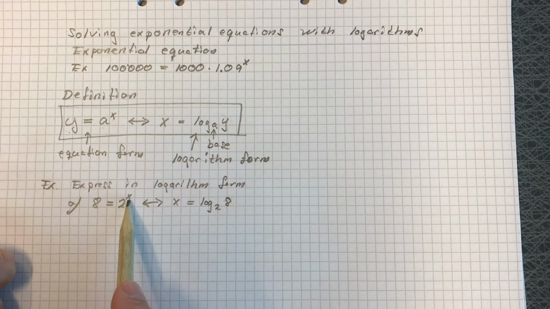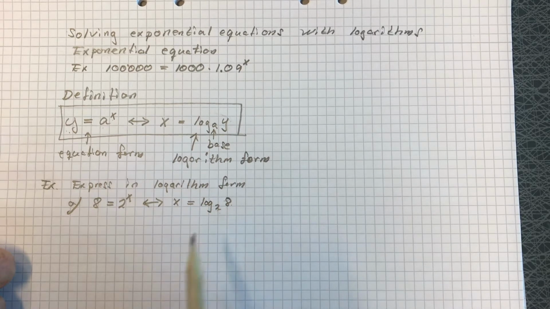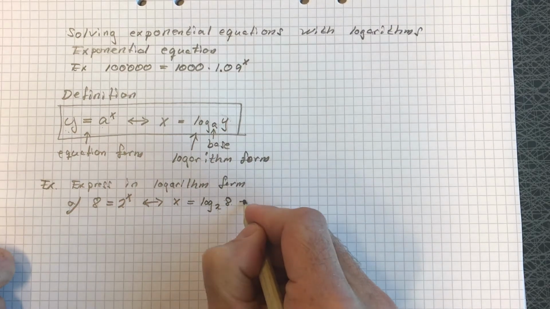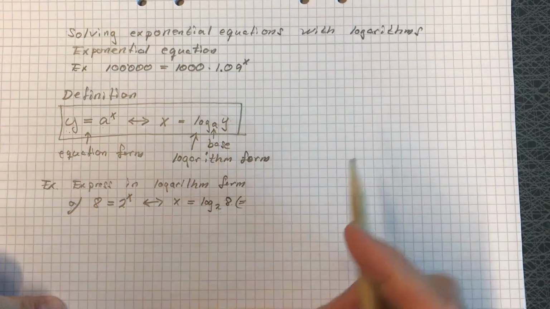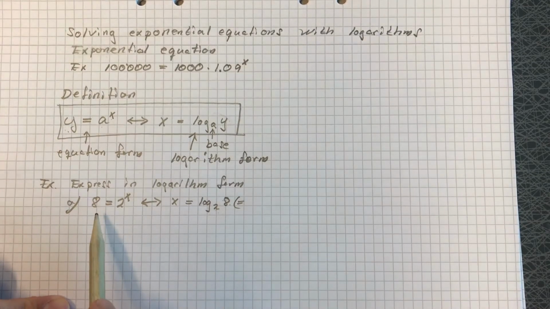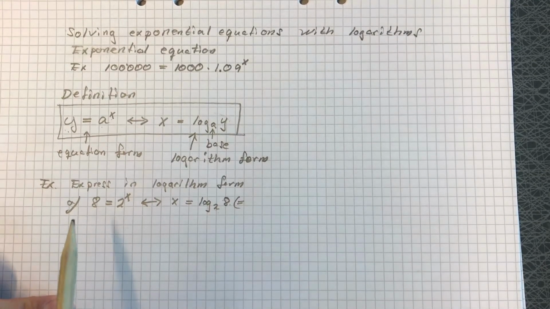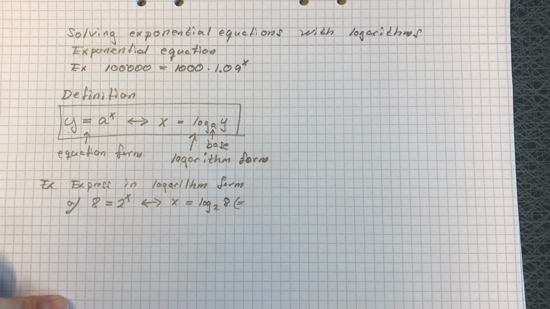So the value for x is to take the logarithm of 8 with base 2. Now, you might know this number in your head. You may solve this equation in your head. That's a quite easy equation to solve. Most of them you need your calculator for, but some equations you can do in your head. And you realize that x is equal to 3, because 2 to the power of 3 is 8. Therefore, this has to be 3.